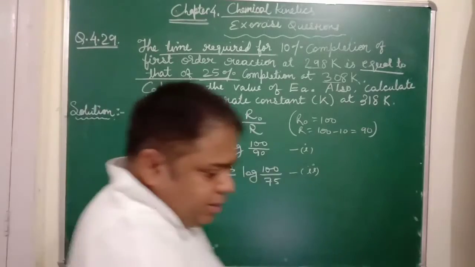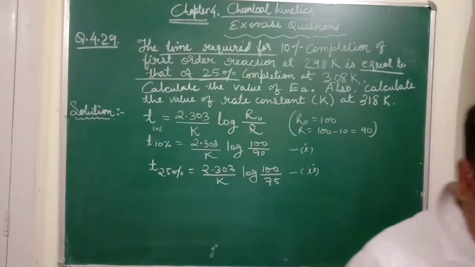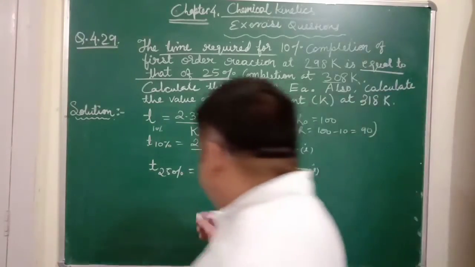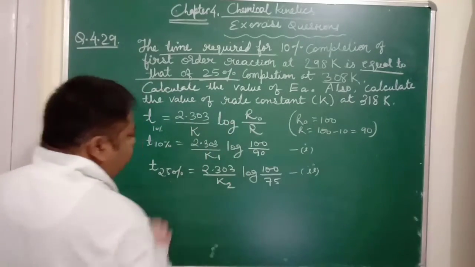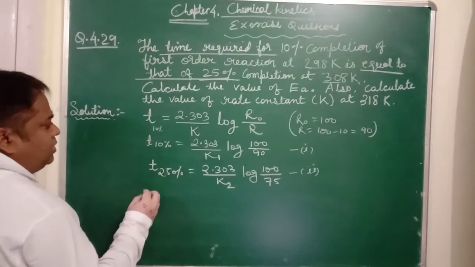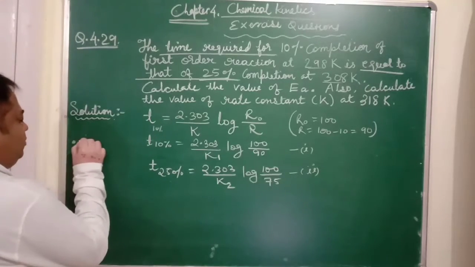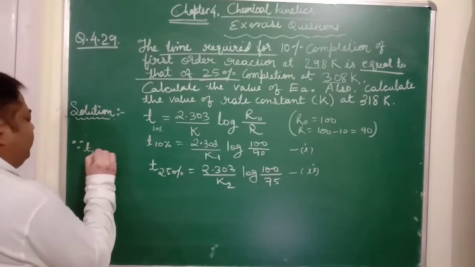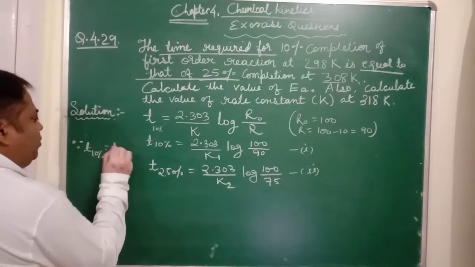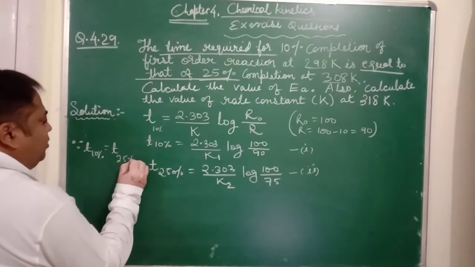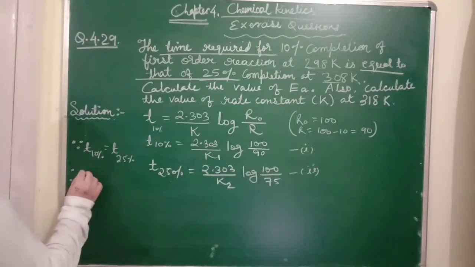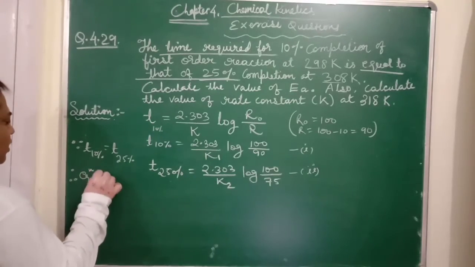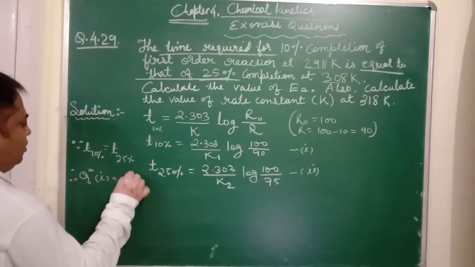So how will we equate it? Let this be k1 and this be k2. Since the time required at 10% is equal to the time at 25%, equation 1 is equal to equation 2.